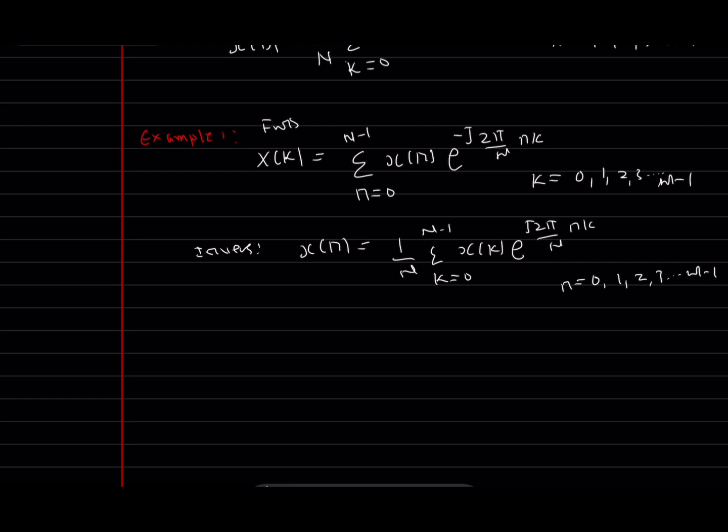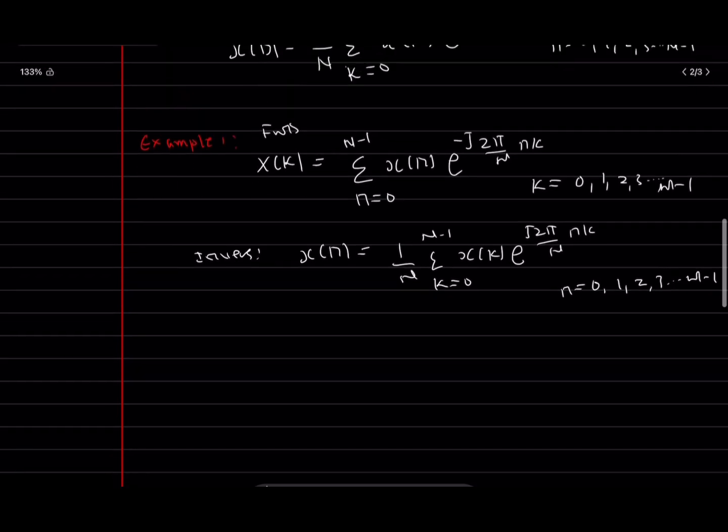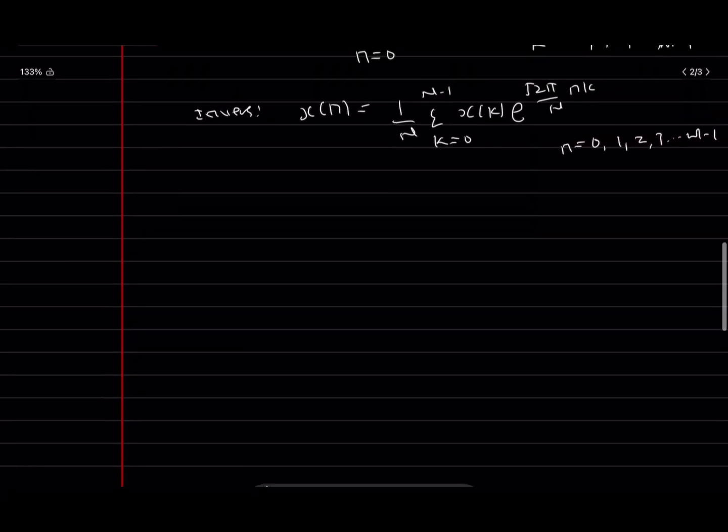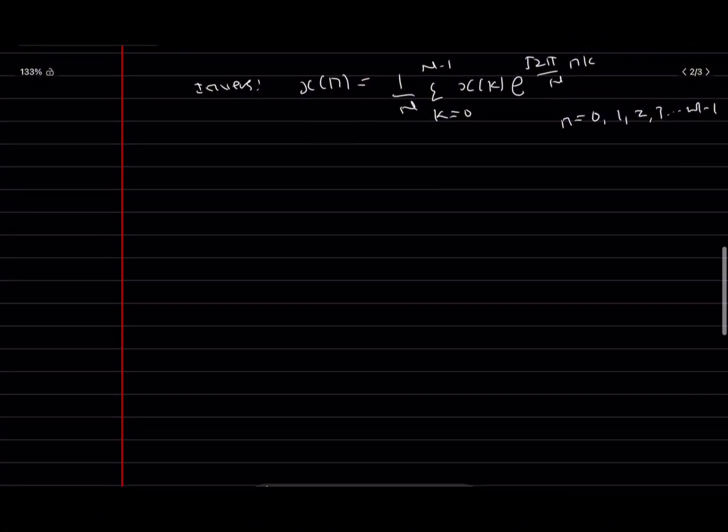Now, based on this formula that we have analyzed, let's try and solve another example using this formula. In this tutorial we will solve different examples whereby we have different values of N, where N can be equal to 2, N can also be equal to 4, N can also be equal to 8, and so on.